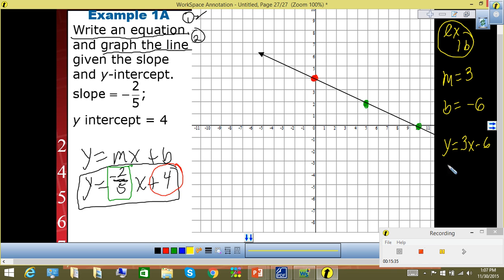But the slope, I ask you to write it in what form? Fraction form. So it's y equals 3 over 1x minus 6. For the purpose of graphing, I said from now on, just write it in fraction form. Hands if you got something like that.